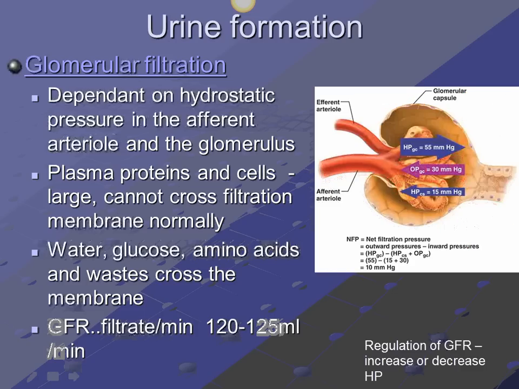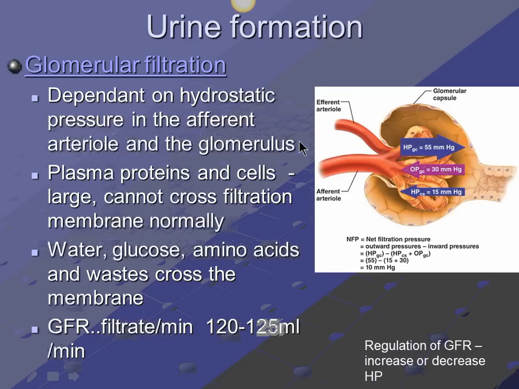Because the more filtration occurs, the more urine will be passed. So whenever the body needs to conserve fluid, such as when you've lost a lot of fluid and so on, you'll notice that the afferent arteriole actually constricts because that renin is produced, and renin goes and produces angiotensin, which causes constriction. Also, vasopressin is produced, so that causes constriction. So your filtration decreases, which means urine amount will decrease.